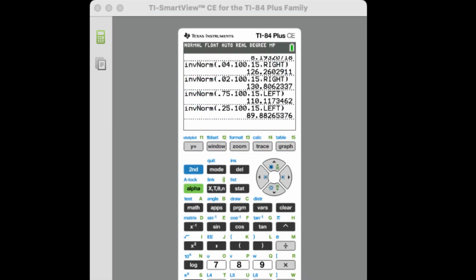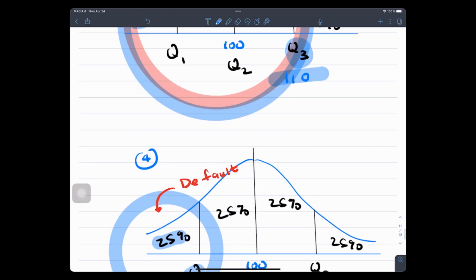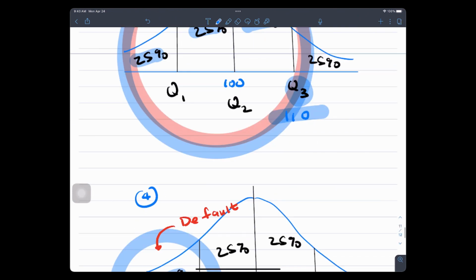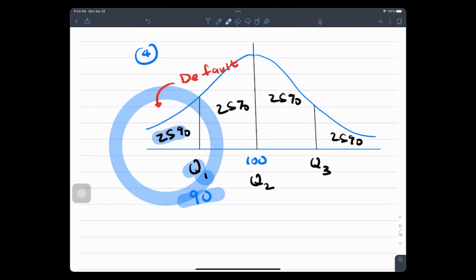All right, let's take a look over here now. Let's take a look here. What's question number 5? What's number 5 now? And by the way, just to mention to you, the default is also the same, right? Because the default is always area to the what? To the left.